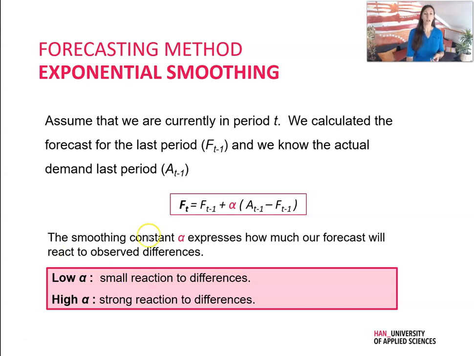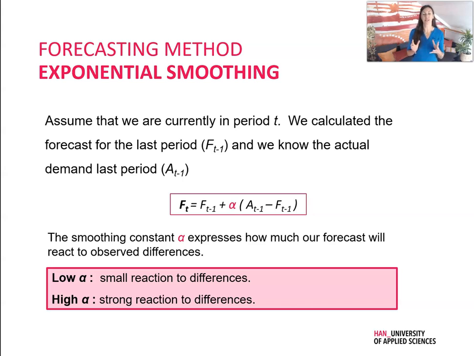So here's the formula, and let's assume that we want to forecast September. We are at the very beginning of September, and we're going to look at the forecast of the previous month. September minus 1 would be August. To this forecast, we're going to add a percentage. Alpha is called a smoothing constant. It's this Greek letter here in pink, and it's a number between 0 and 1.